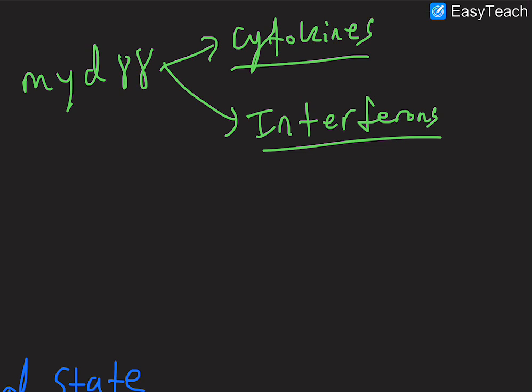Because we know these antigen presenting cells, like dendritic cells, if they process certain viral proteins or tumor proteins, can take these proteins or parts of the virus and present them on their MHC1 complex.